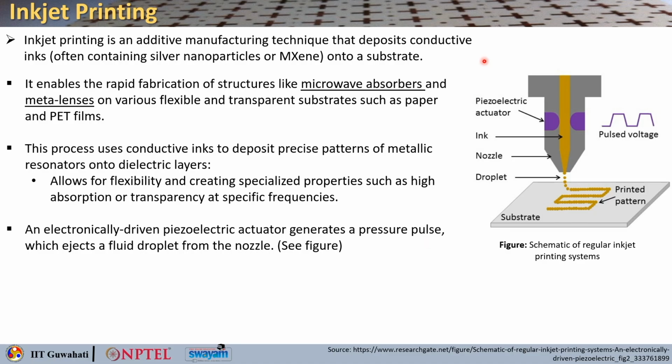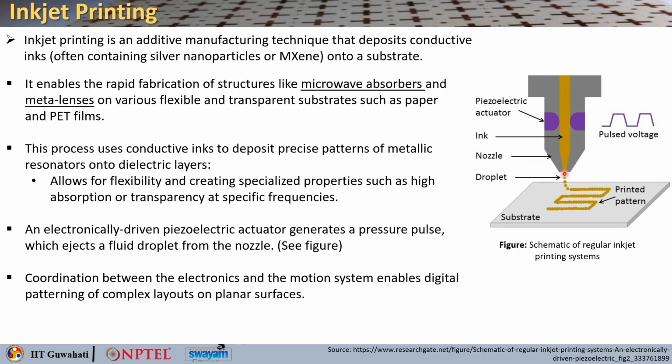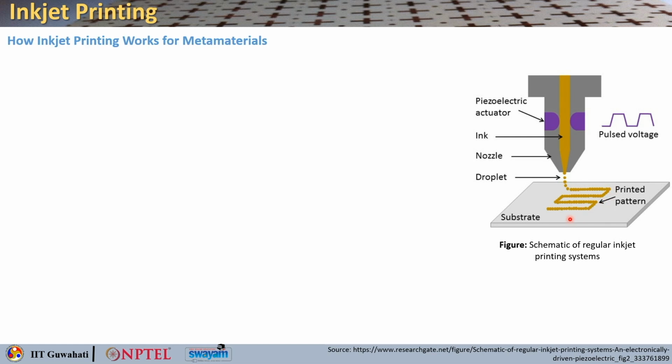Here you can see an electrically driven piezoelectric actuator can generate a pressure pulse which will eject a fluid droplet from the nozzle, and the coordination between the electronics and the motion system will enable digital patterning of complex layouts on planar substrates.